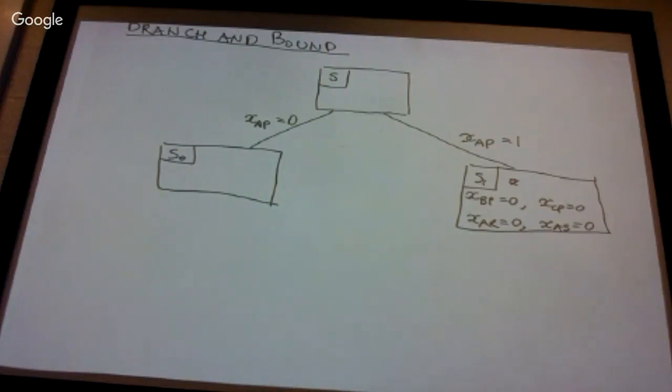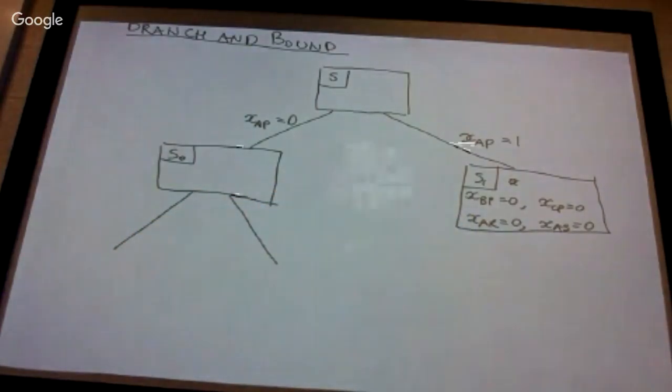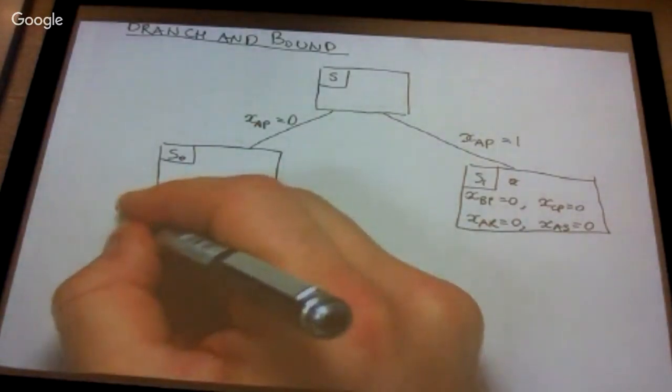Now, basic idea. How do you go on? Well, you just continue and branch both of these subproblems until you find a feasible solution where all the values of the variables have been determined. So how do you choose which variable to branch on? Doesn't really matter, usually.